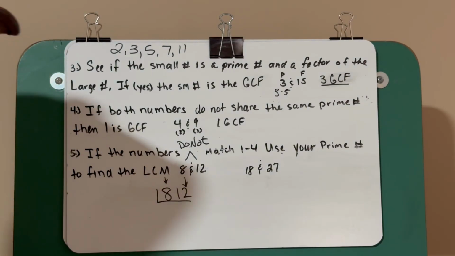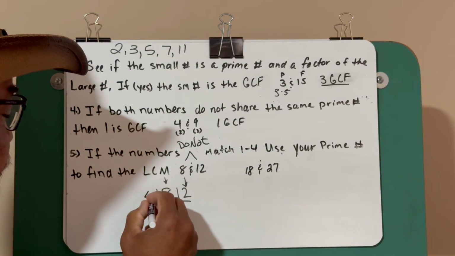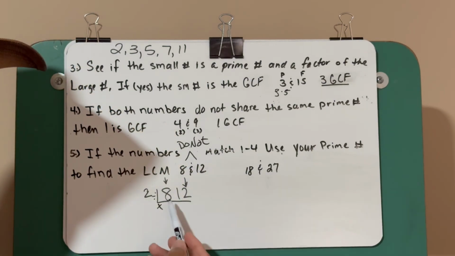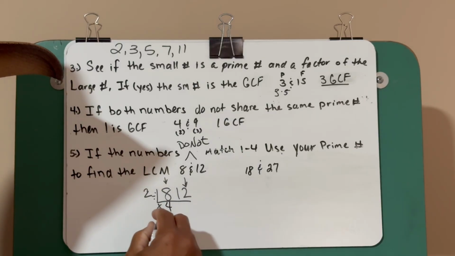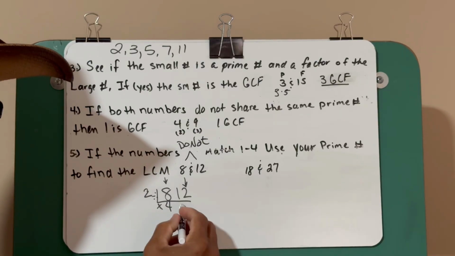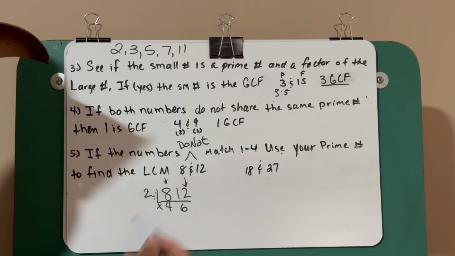So again, both numbers are even, so I can either divide to get the answer, or I can multiply. So I can say 8 divided by 2 is 4, or I can say 4 times 2 is 8. Again, I can go 12 divided by 2 is 6, or 6 times 2 is 12.